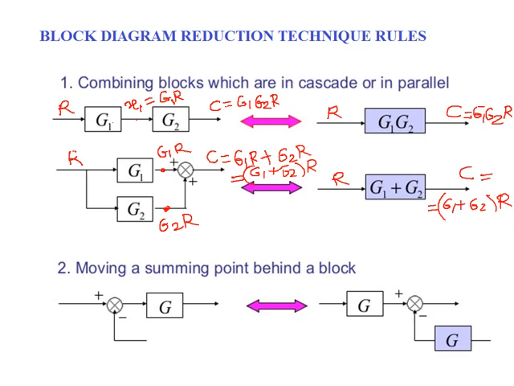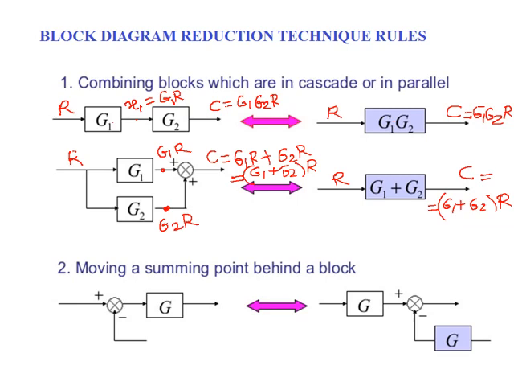When two blocks are connected in series or cascade, the resultant will be the multiplication of the two blocks. When two blocks are connected in parallel, depending on the signal, these two blocks will get added or subtracted. Here these two blocks will be additive blocks, so we are getting output as (G1 plus G2) into R.